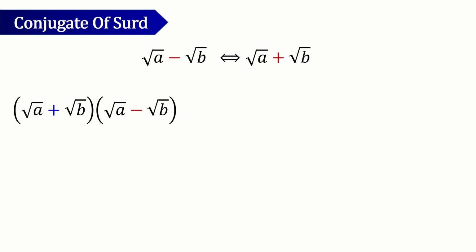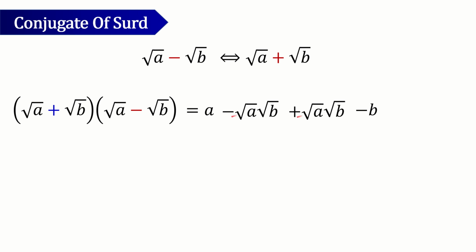So if you multiply the expression with its conjugate, first √a times √a is a, and then √a times negative √b is negative √a√b, and then positive √b times √a is positive √a√b, and positive √b times negative √b is negative b.